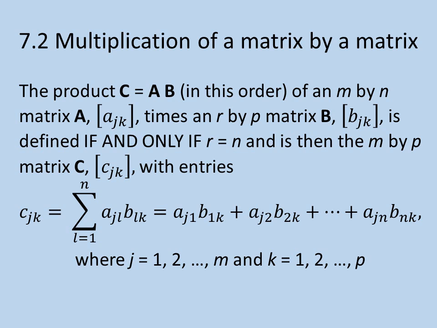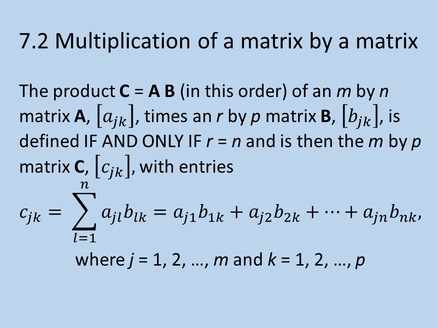In matrix multiplication, we have to recognize that sometimes the product of two matrices is simply not defined. And also when multiplying matrices, order matters. So let's take a look at how the product of two matrices is defined.